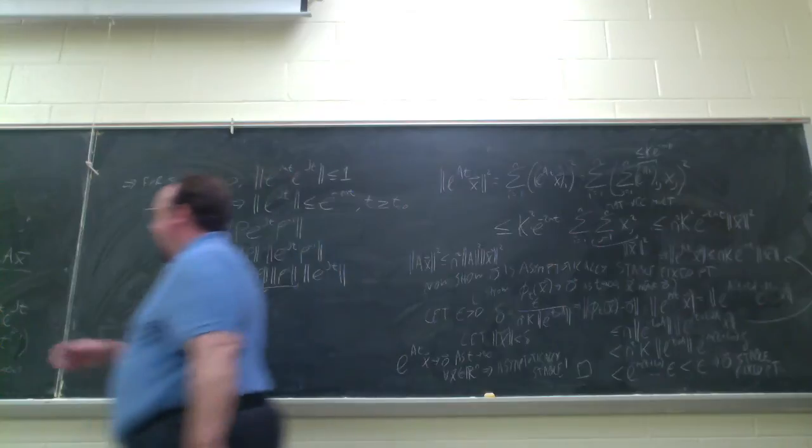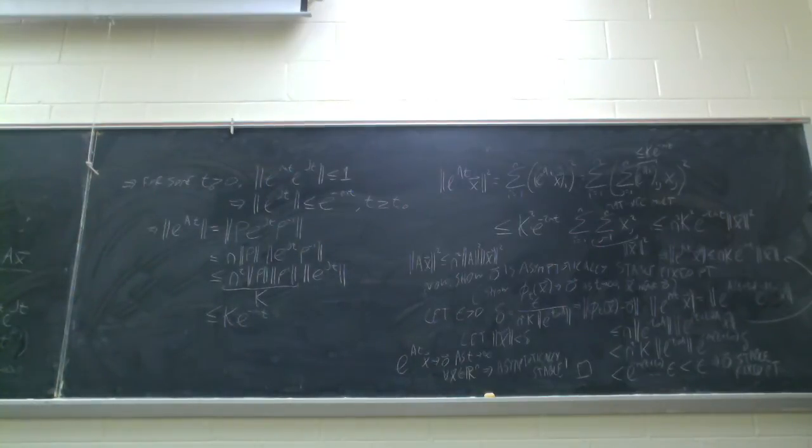So, between that and the other results that I stated last time, which I'm not going to bother to prove, we now have a picture of what's going on with linear stability at fixed points. It all depends on the eigenvalues. If you have all negative eigenvalues, 0 is an asymptotically stable fixed point. If there are any positive eigenvalues, then 0 is an unstable fixed point.